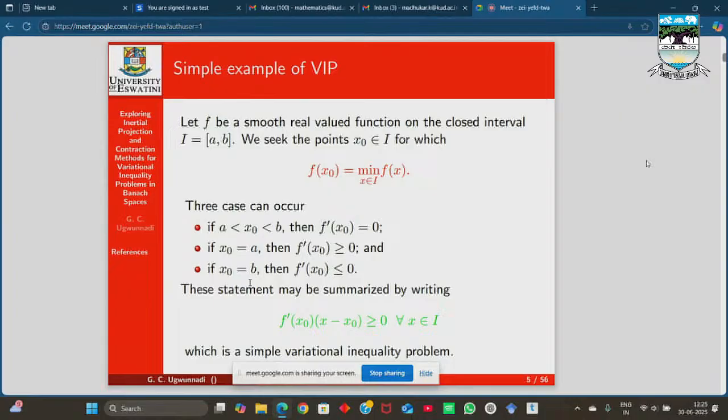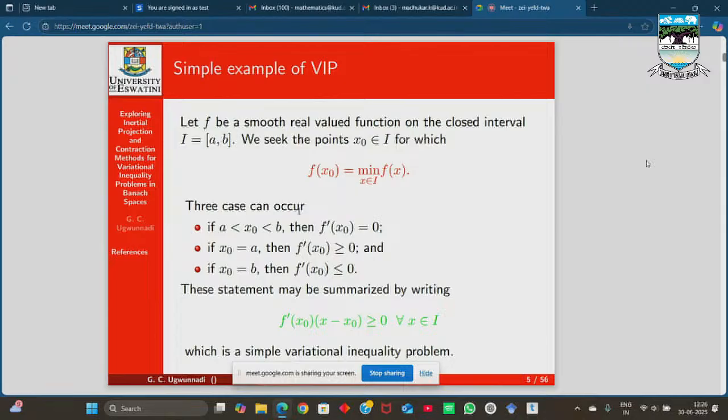Now, let us look at the basic problem we normally have in a smooth space. That is, a function is differentiable; that's what we mean by smooth here, on a closed interval. Then we want to determine the minimum point of the function. To determine the minimum point x naught, three conditions always arise. When the point is in between the interval, then f prime of x naught is equal to 0. But if the minimum point is the lower endpoint a, then f prime of that point is always greater than or equal to 0.